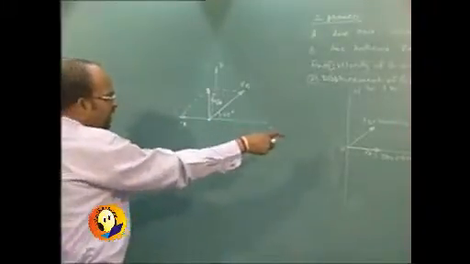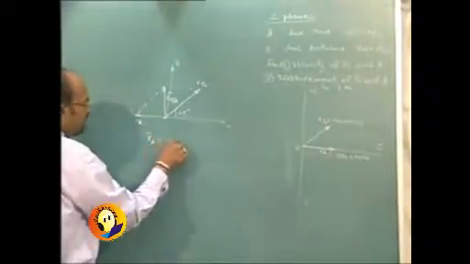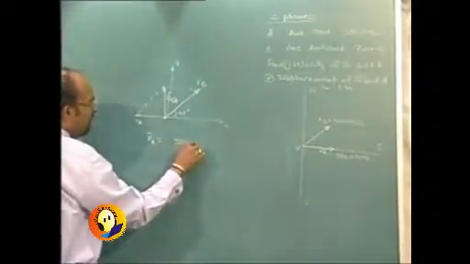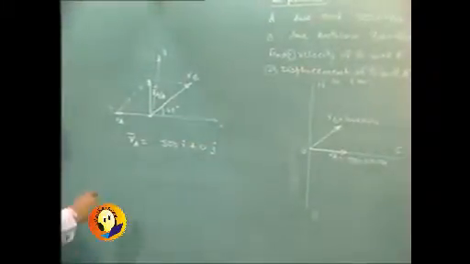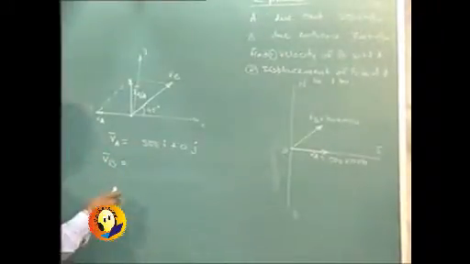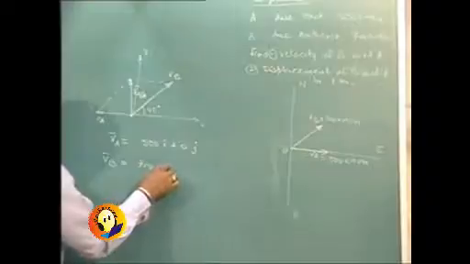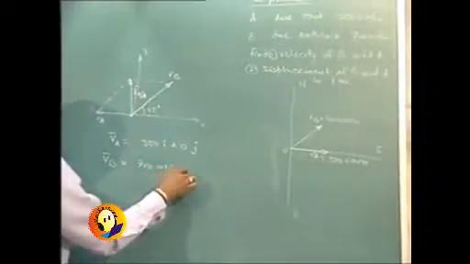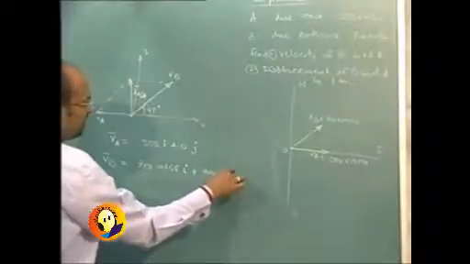Looking at the original figure, I can express VA as 500i plus 0j, whereas the velocity of B can be written as 700 cos 45 i plus 700 sin 45 j.